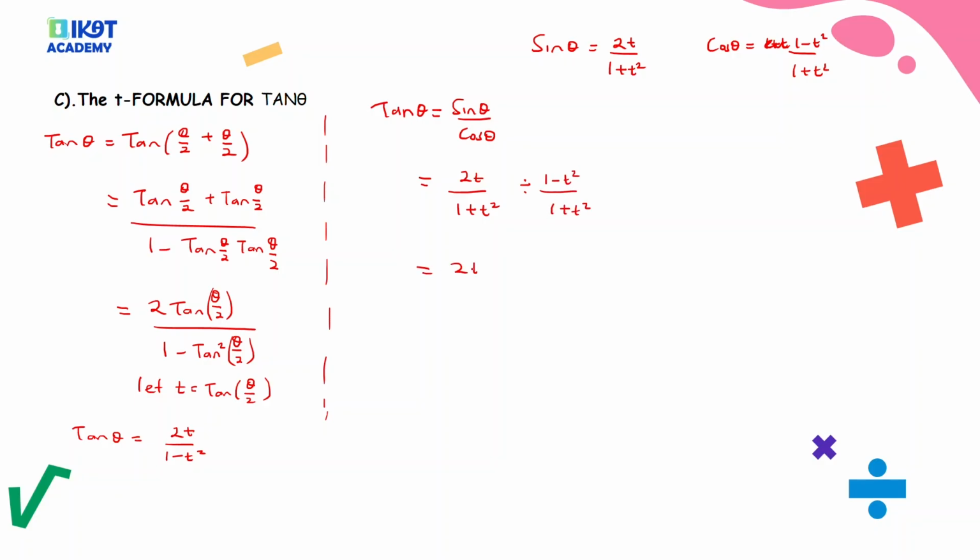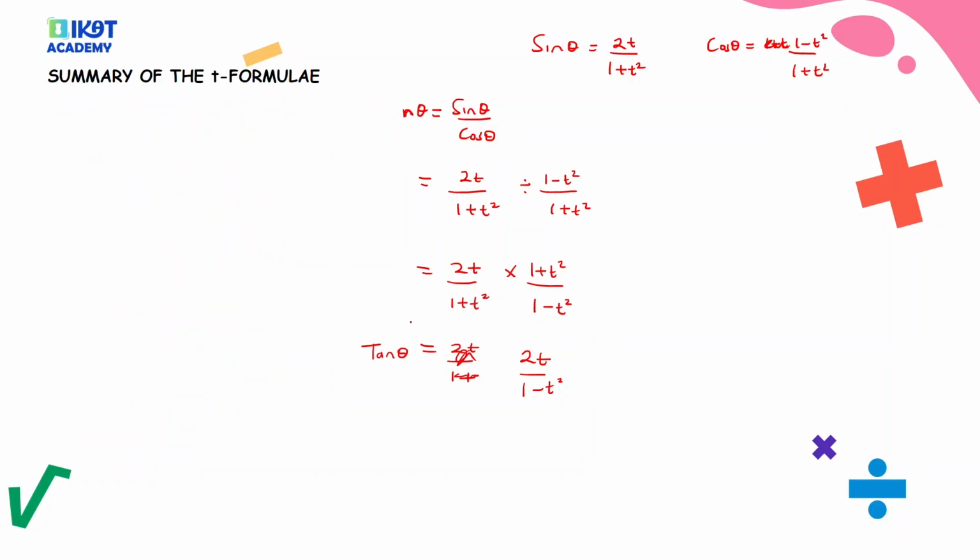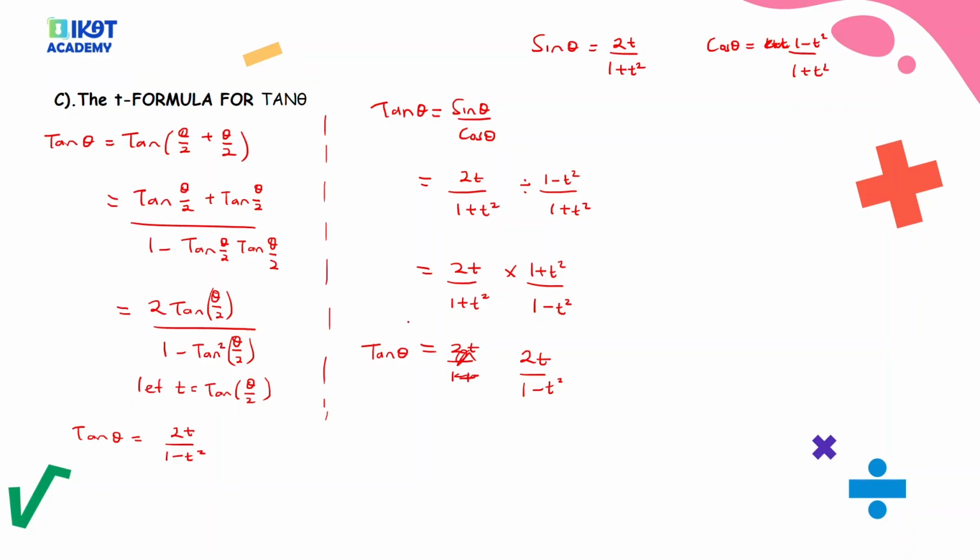We take the reciprocal, so 1 plus t squared times 1 plus t squared out of 1 minus t squared. This cancels, so we get 2t out of 1 minus t squared. This is tan theta. Alright. Okay, now we're going to look at a summary of all of these.